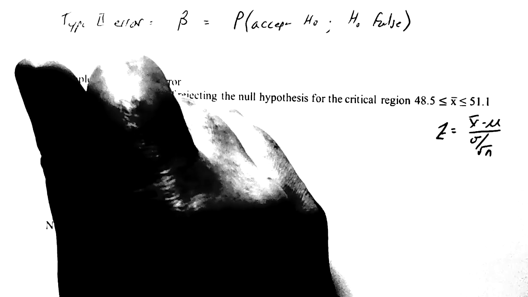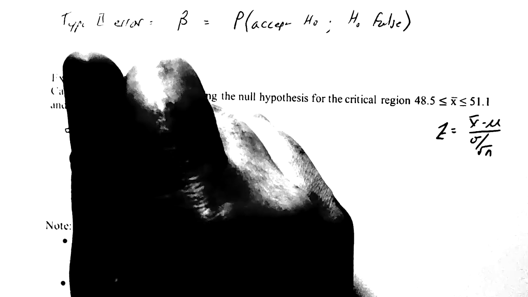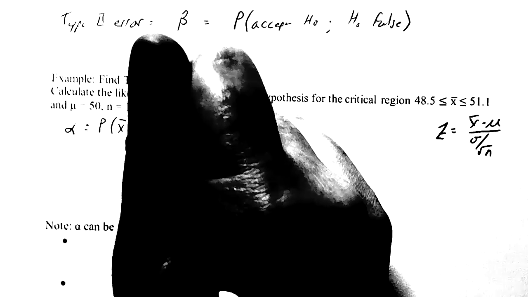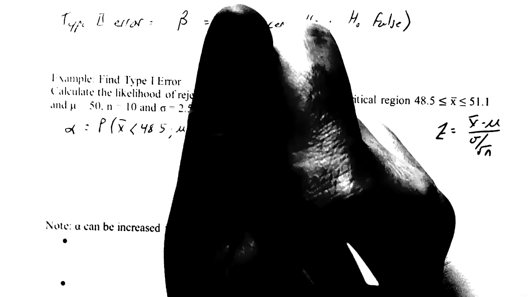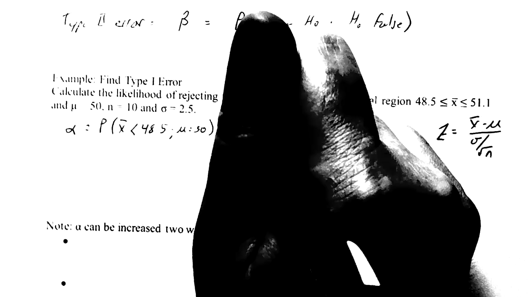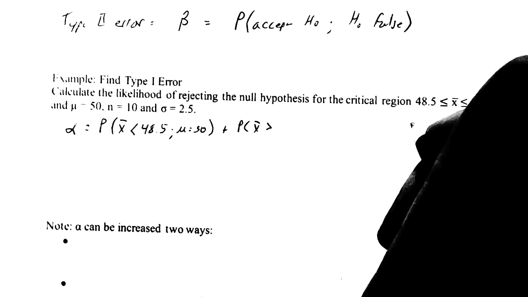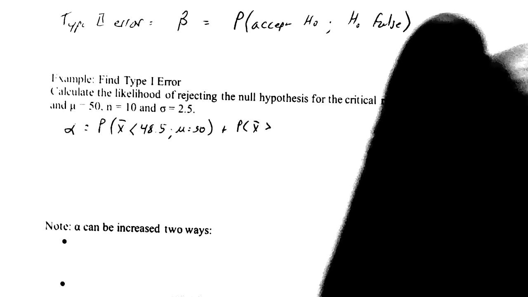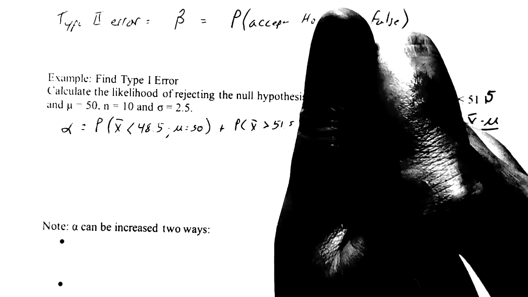X bar is less than 48.5 when mu is equal to 50, and the probability that X bar is greater than 51.5 when mu is equal to 50.